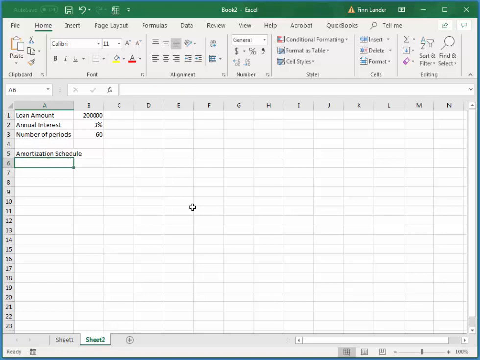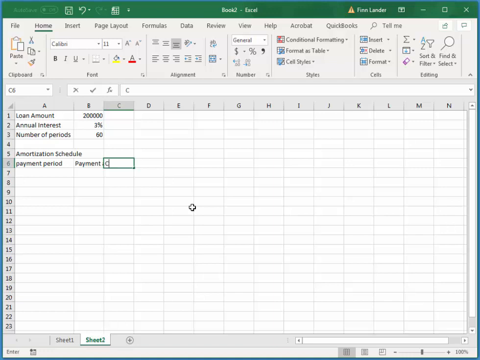So I'm going to have the particular period. Again, what the schedule allows us to see is how much of the principal we're paying on a particular period, how much interest. So the payment amount, that'll just be a plain old PMT.